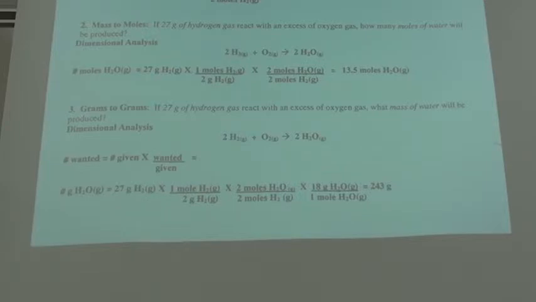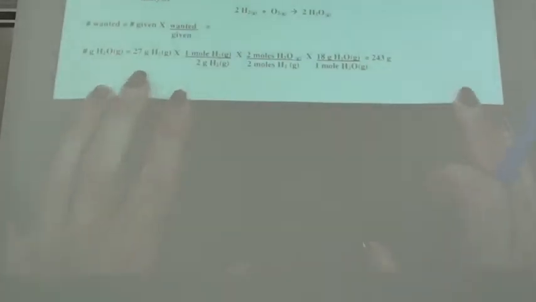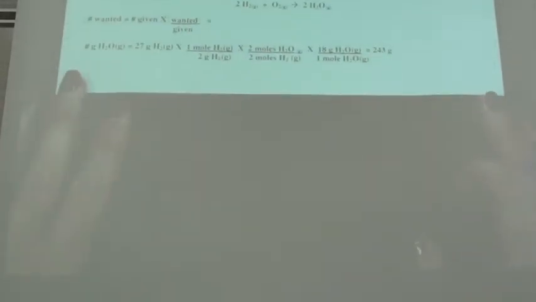Good? And here would be the longest type of problem that you would use in a stoichiometric problem, a grams to grams. It's going to require 3 steps. If I still have that 27 grams of hydrogen gas and it reacts with an excess of oxygen gas, what mass of water will be produced? I'm given 27 grams of hydrogen gas.